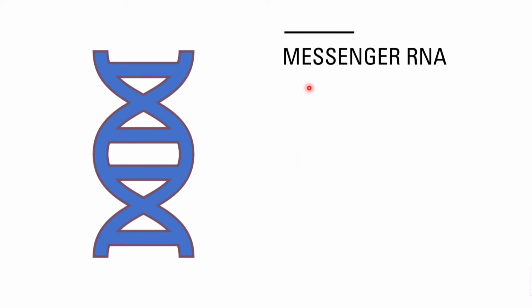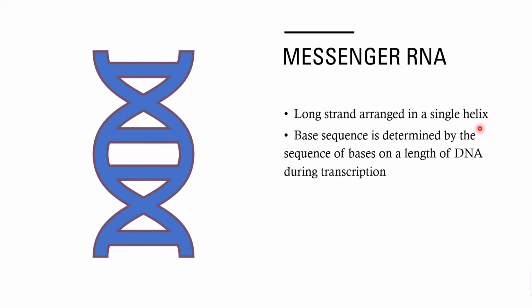The first type of RNA we're going to look at is messenger RNA or mRNA. This is a long strand arranged in a single helix. As DNA is a double helix, messenger RNA is a single helix.